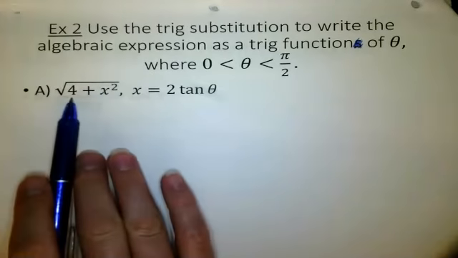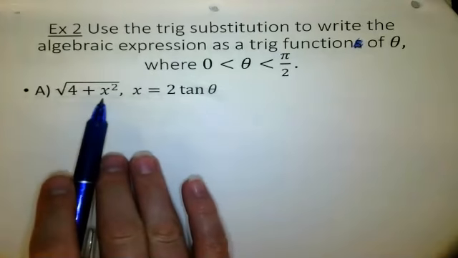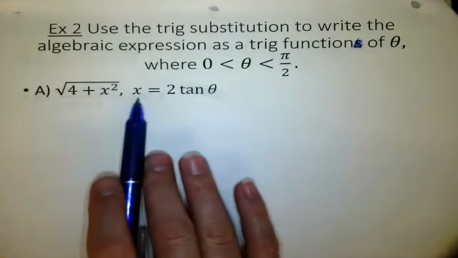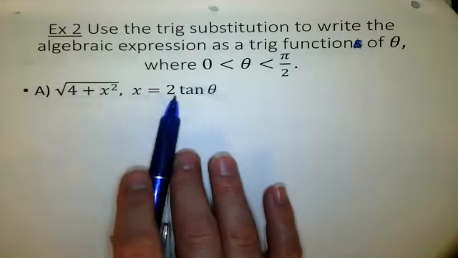We have the square root of 4 plus x squared is equal to, or sorry, not is equal to. And we also have x is the same as 2 tangent of theta.